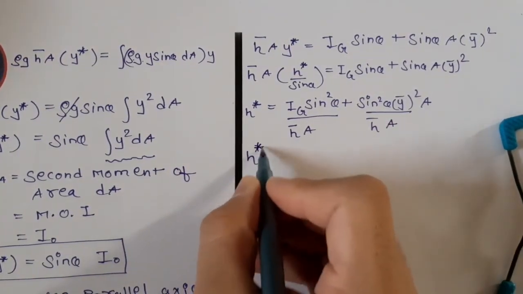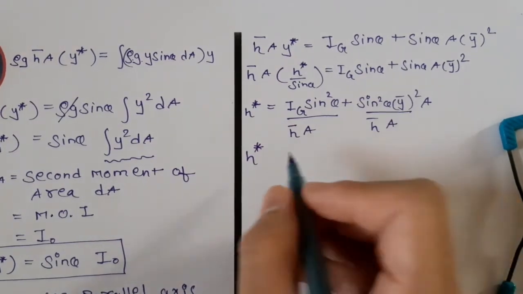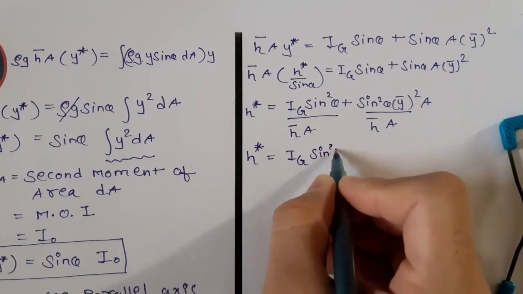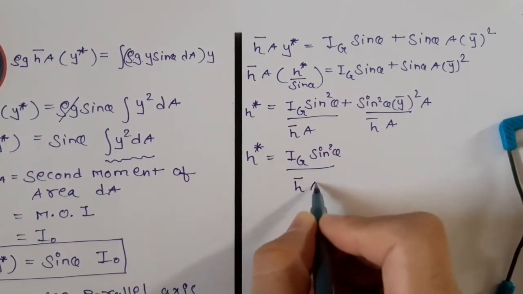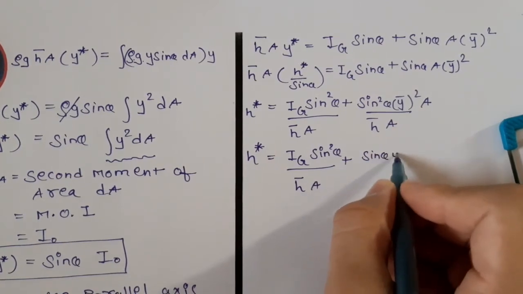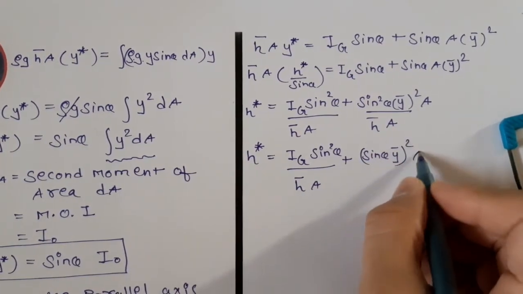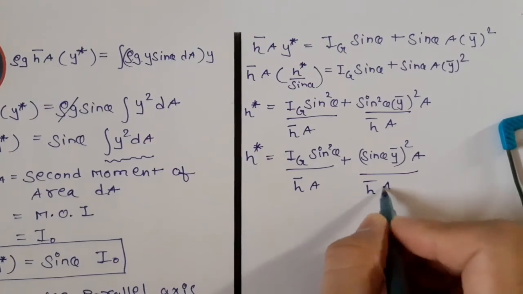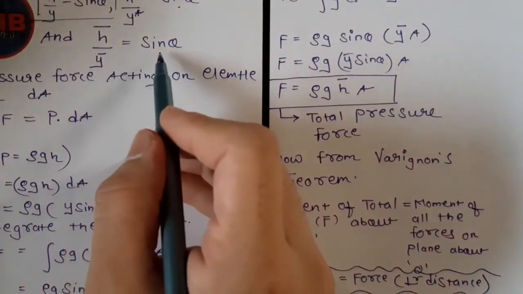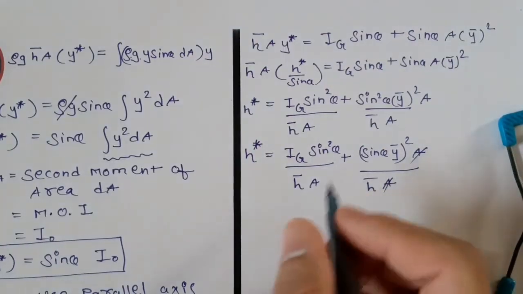So h star, we are now arriving at our final equation, that is h star equals IG into sine squared theta upon h bar into A plus sine theta into y bar the whole squared into A upon h bar into A. So this A and this A get cancelled. Now what is y bar into sine theta? Y bar into sine theta will be h bar.